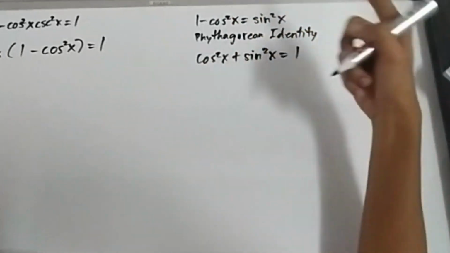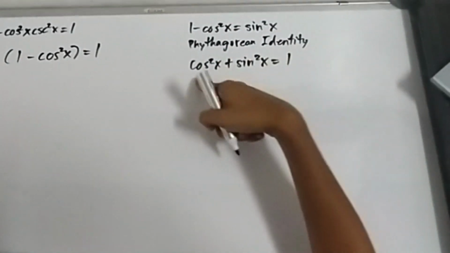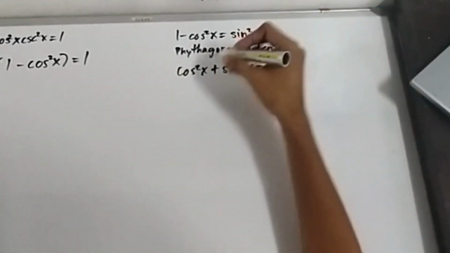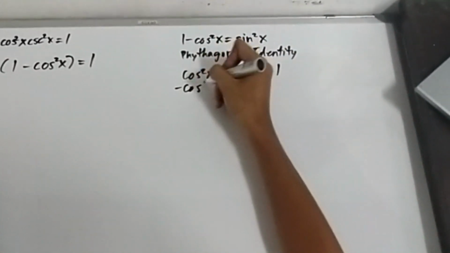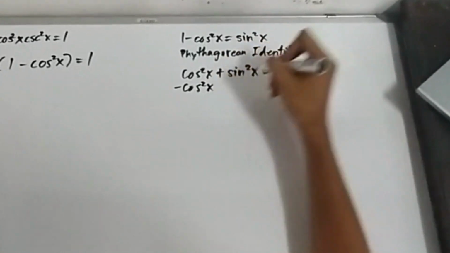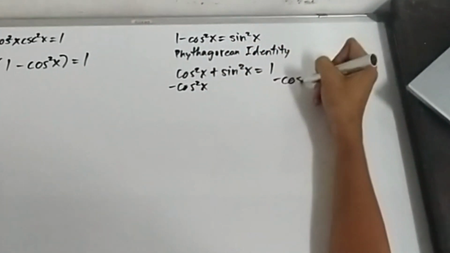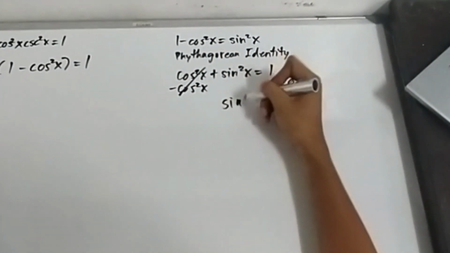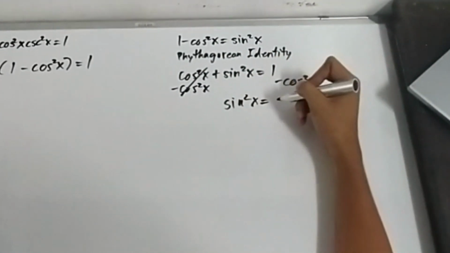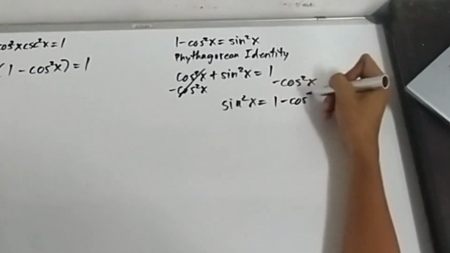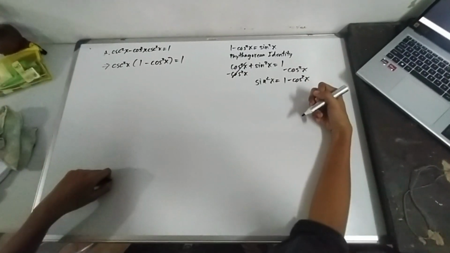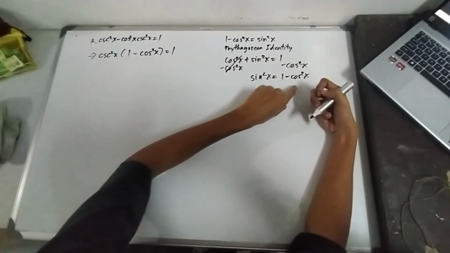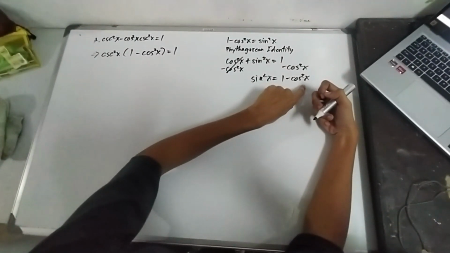So if we transpose the cos squared x to the right side, we have the remaining sine squared x at the left. So that's it: sine squared x is equal to 1 minus cos squared x.